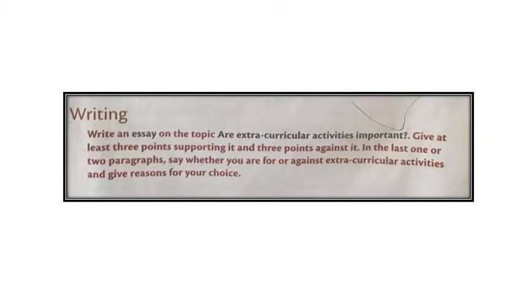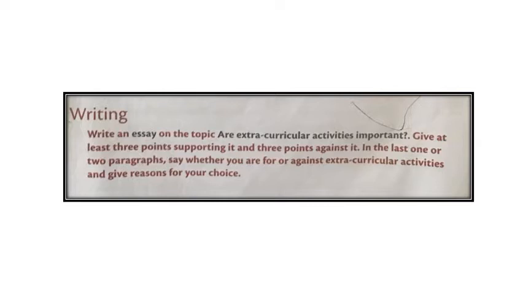In your essay, in the first paragraph, you have to write what extracurricular activities are, what is included in that, what kind of activities can be done as extracurricular. And in the second paragraph, you have to give 3 points supporting it, meaning saying that it is good, and then 3 points against it, opposing it.